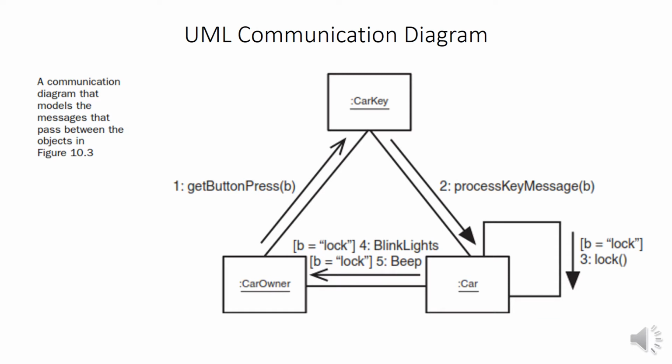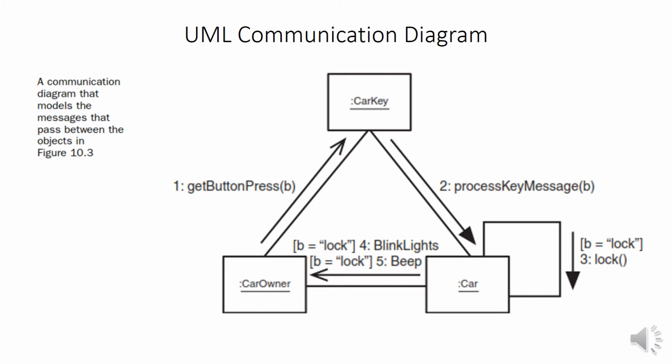We will understand the notation of the communication diagram with the help of this example. So the communication diagram models the messages that pass between the objects. As you can see, objects are represented in the same way as we represent them in the sequence diagram. In the rectangular box we mention the name of the object followed by a colon.